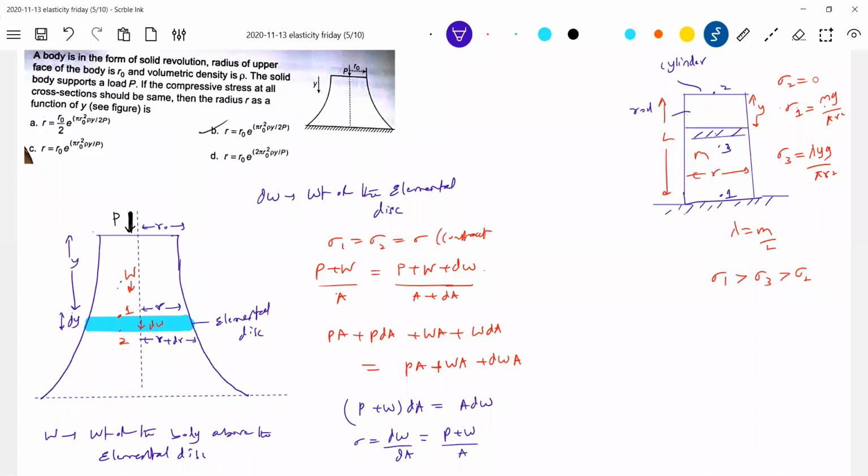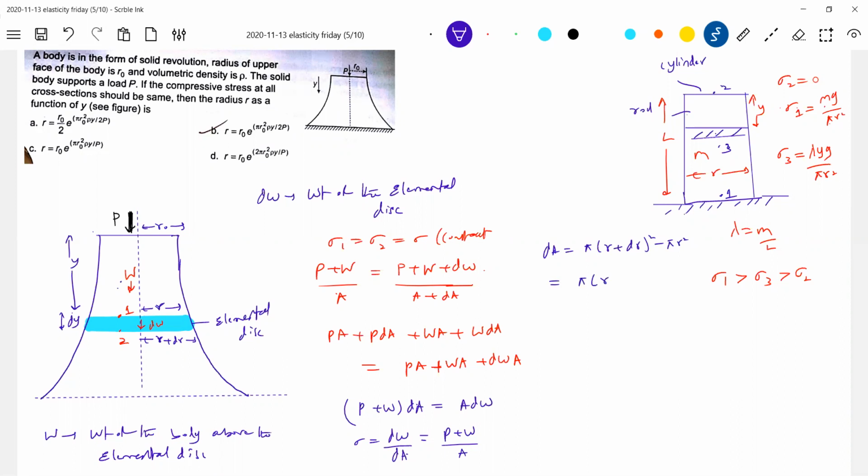Okay, let's come to this one. How to calculate dA? In the previous problem I showed a similar approach. Shall we write 2 pi r? Let's calculate pi (r plus dr) whole squared minus pi r squared.